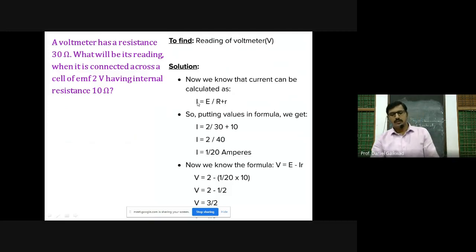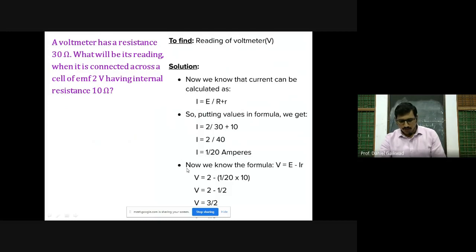I is the current flowing through the circuit, E is the EMF of the cell, capital R is the external resistance, here the resistance of the voltmeter, and small r is the internal resistance of the cell. Putting in these values, I is equal to EMF 2 volt divided by capital R 30 plus small r 10. So 2 upon 40, or 1 upon 20 ampere. So we obtain the value of current in amperes.